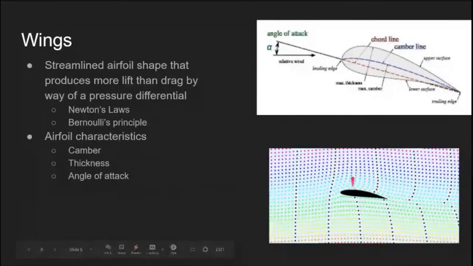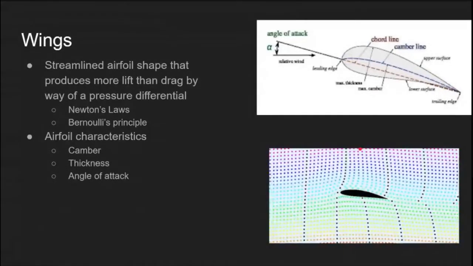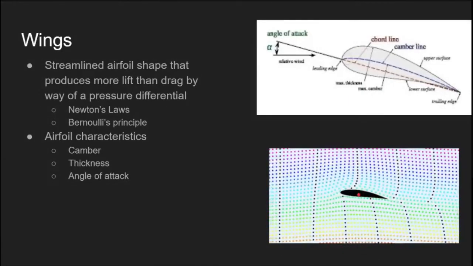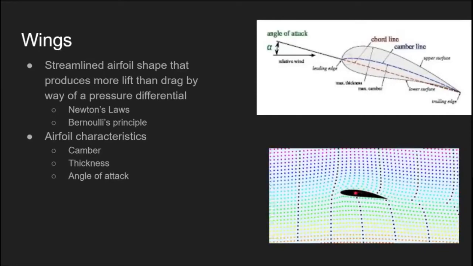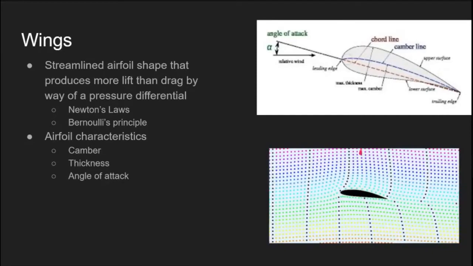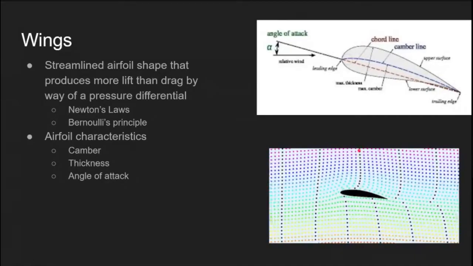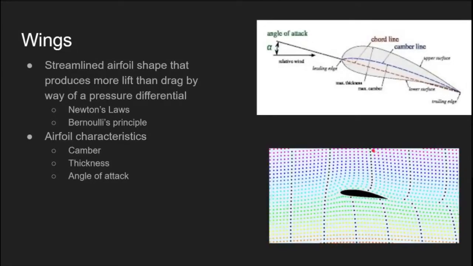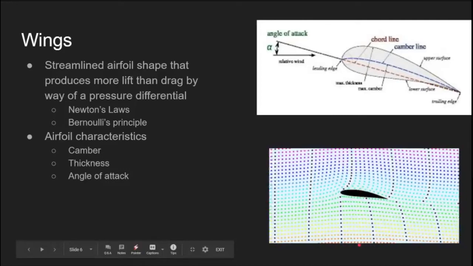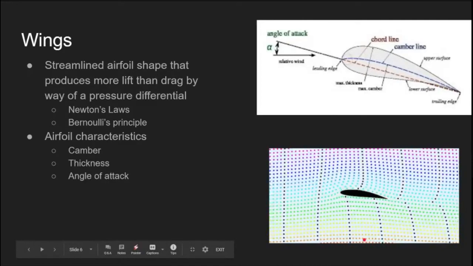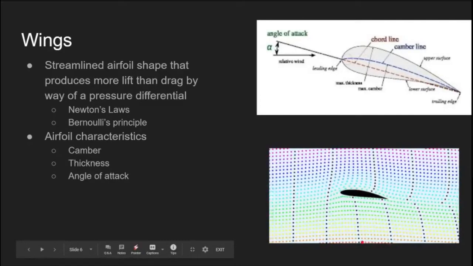Now, if you look at the distance between here and here in the control volume for this airfoil with the camber shape it has, you'll see that it is a smaller distance than it is between the bottom surface and this bottom edge of the control volume.